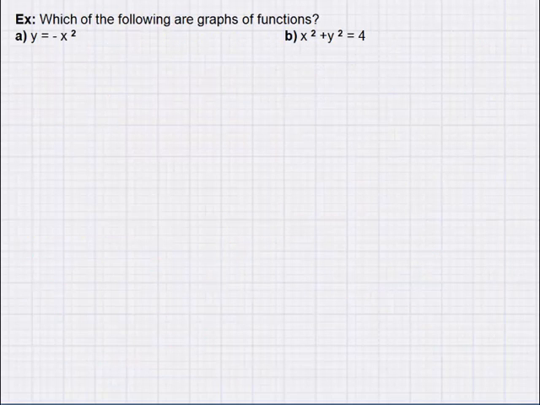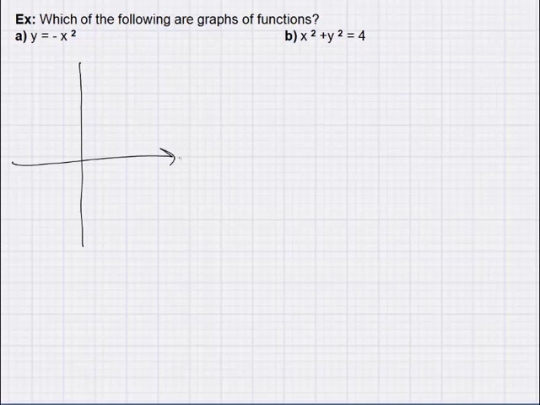Let's look at this one. y equals negative x squared. Again, I could graph this using a simple xy chart, connect my dots, and get my picture. We will talk more about graphing in the next section, but if I was to draw the graph of this, here's my x-axis, here's my y-axis, the graph would look like this. It would be this parabola shaped pointing downward.